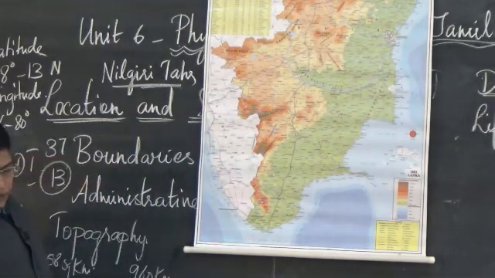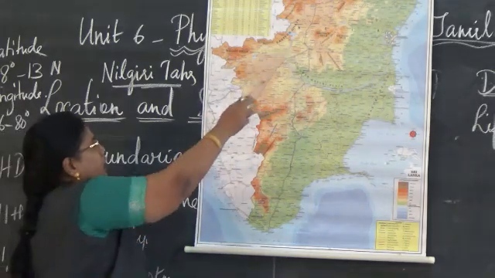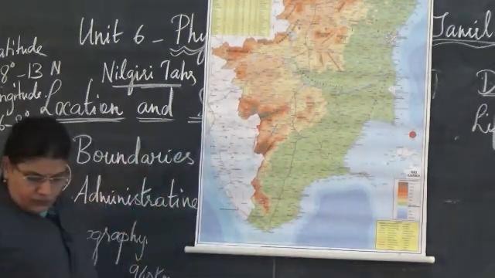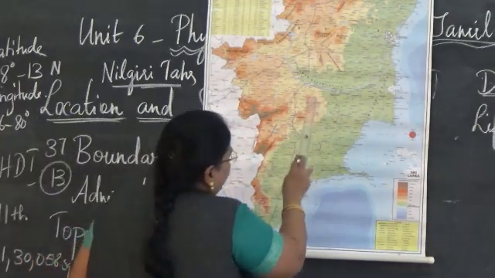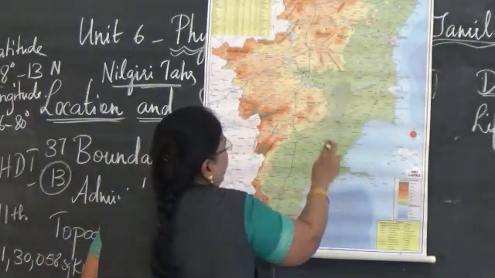Most of the rivers of Tamil Nadu originate from the Western Ghats and flow towards the east, and they drain into the Bay of Bengal.